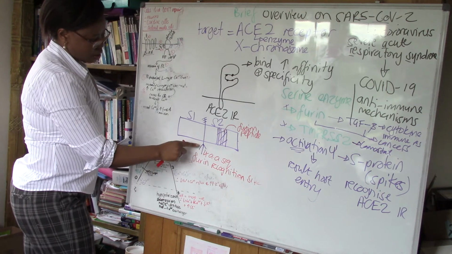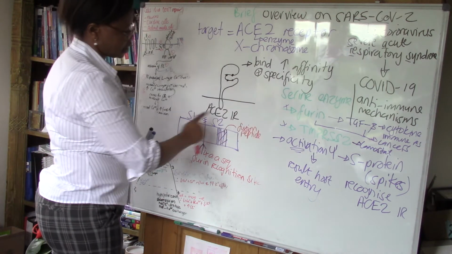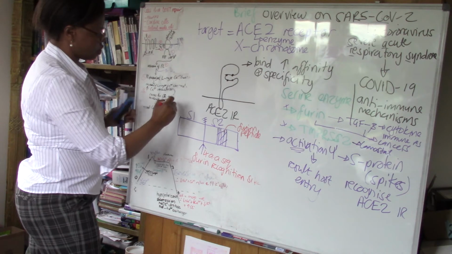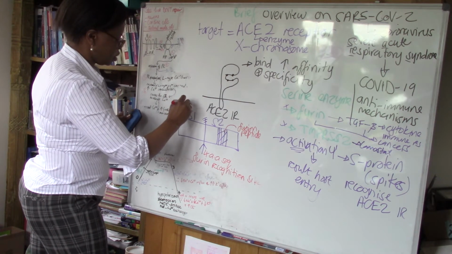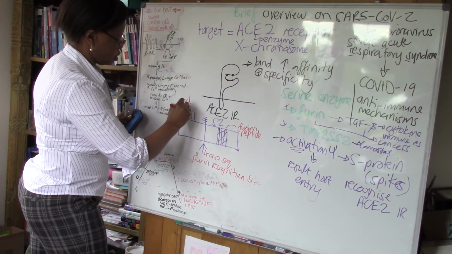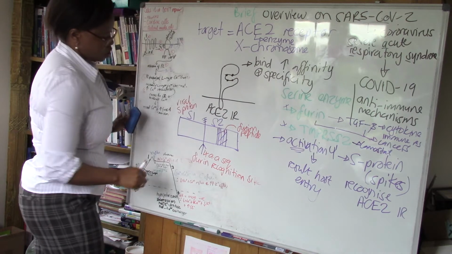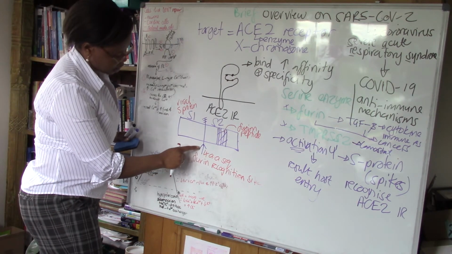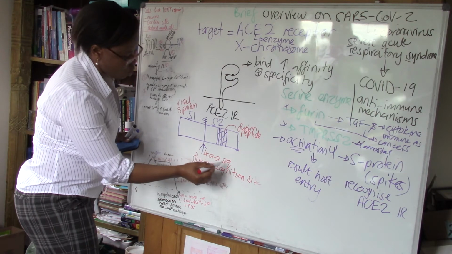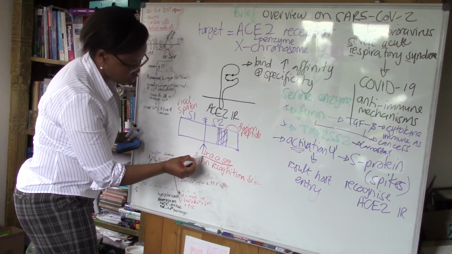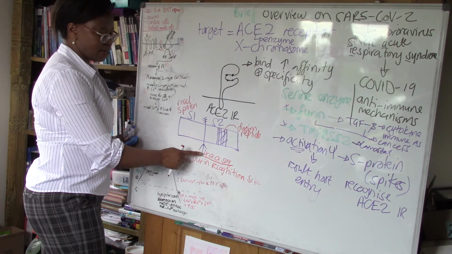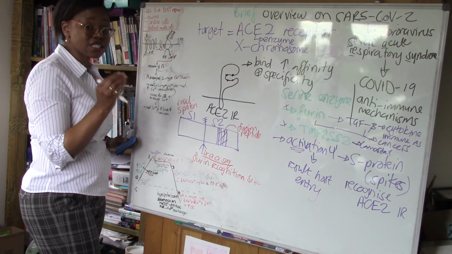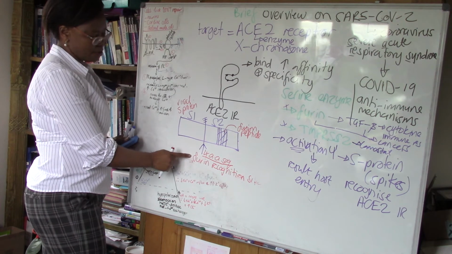So furin, just going back to where these enzymes actually work on the S protein, on the viral S protein. Furin will recognize this binding site where SARS-CoV-2 has inserted a 4 amino acid sequence that is recognized by furin.